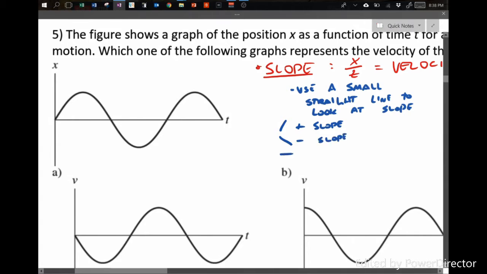That's a negative slope. And that's a 0 slope. So if we're talking about a position versus time graph, this shape gives me a positive velocity. This shape gives me a negative velocity because slope is the same thing as velocity in each of these cases.